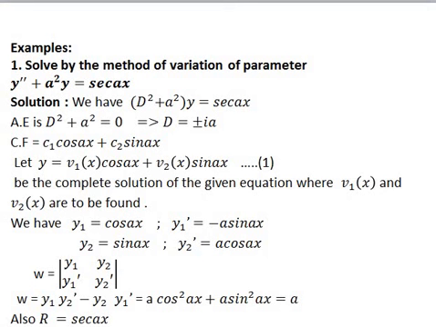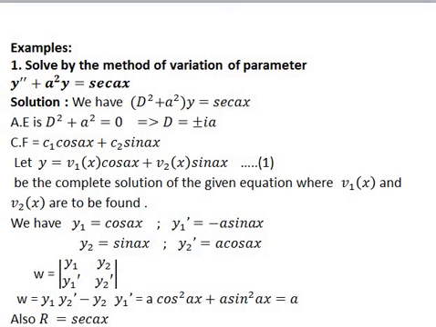So the Wronskian W is equal to the determinant with first row y1, y2 and second row their derivatives, y1 dash, y2 dash. On expansion, we get y1 y2 dash minus y2 y1 dash.